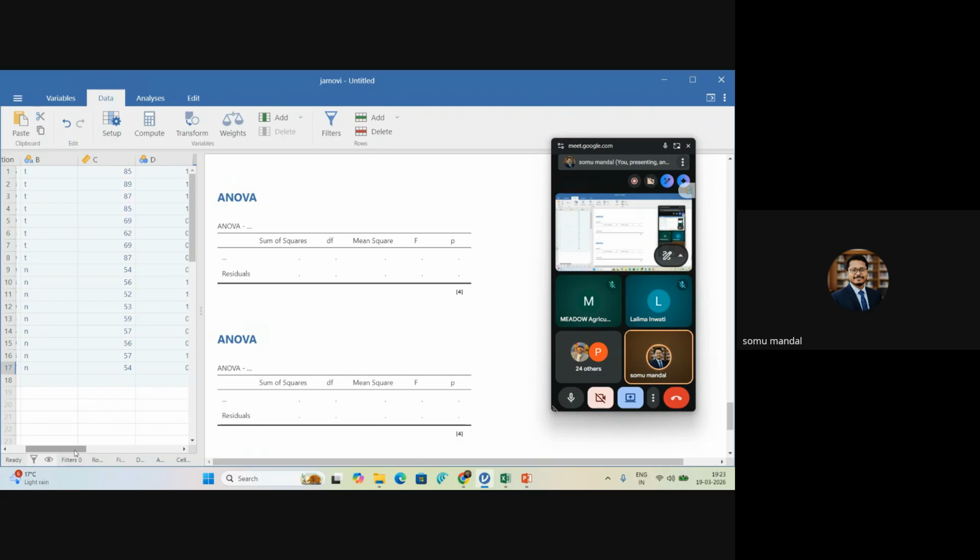What is the result? T company fertilizer, no irrigation. What is the result? N company fertilizer, in an irrigated area. What is the result? N company's fertilizer, not irrigated area.